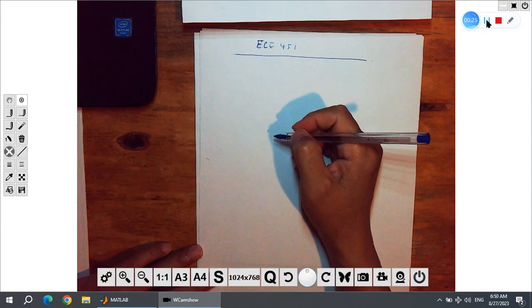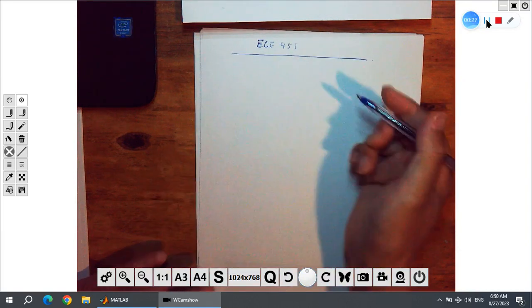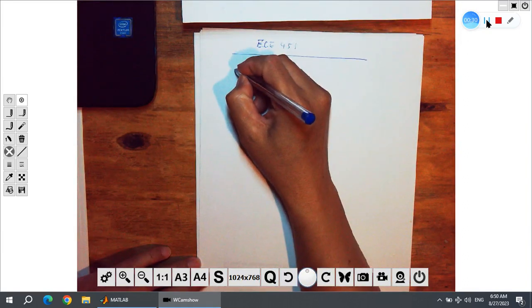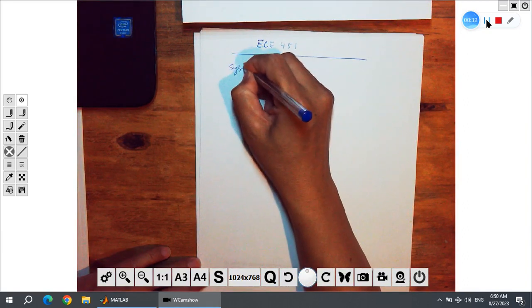So last time we discussed how to solve a system, right? We use the Laplace transform to solve it.